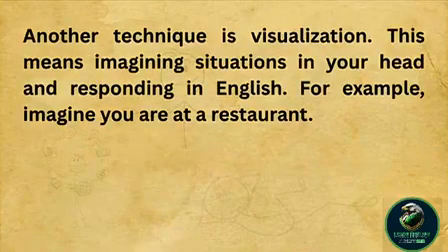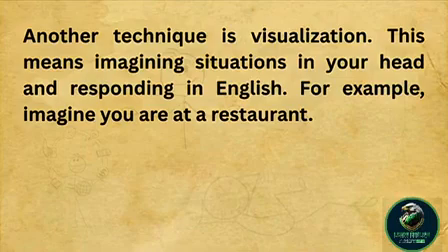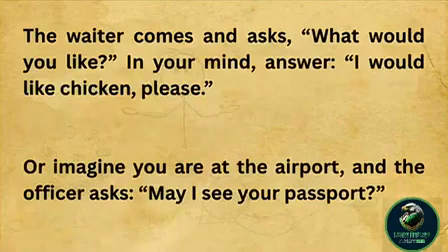Another technique is visualization. This means imagining situations in your head and responding in English. For example, imagine you are at a restaurant. The waiter comes and asks, "What would you like?" In your mind, answer, "I would like chicken, please."